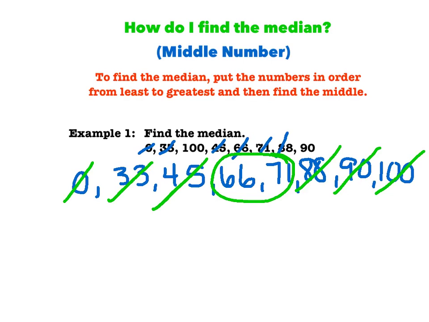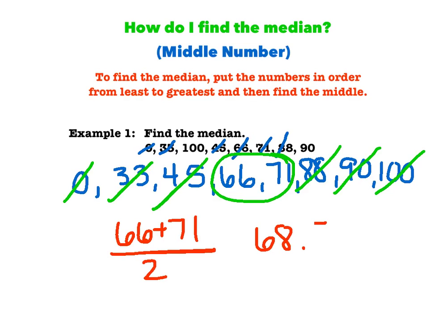You're going to do that by taking 66 plus 71, and then dividing that by 2. My median is 68.5.